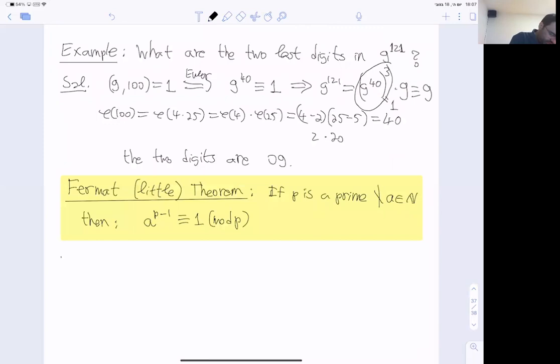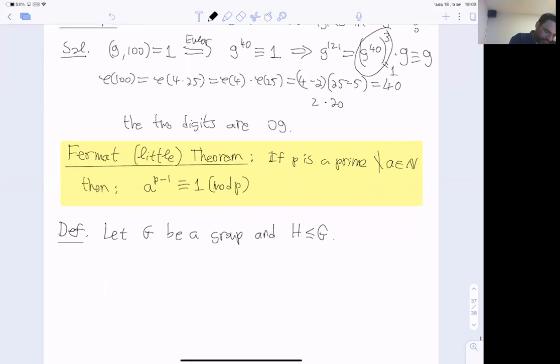Definition. Let G be a group and H a subgroup.